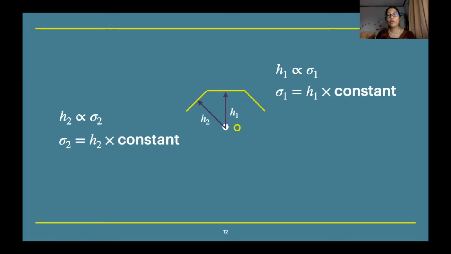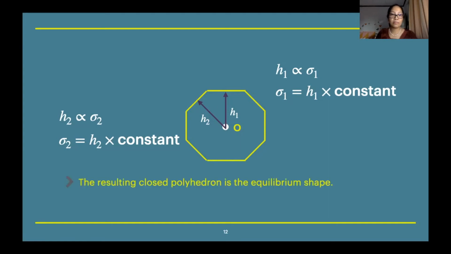Then we can draw other vectors from the origin O to crystallographic faces until we draw the polyhedron. So the resulting closed polyhedron is the equilibrium shape. In addition, crystal faces with the lowest surface energies belong to it.